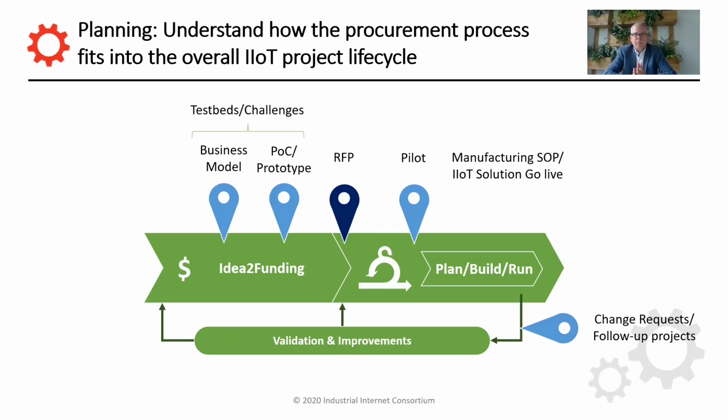From a procurement point of view, this plan is where your procurement process needs to be embedded. And as I said earlier on, you have to engage with the team that is executing the entire project to make sure that the other milestones like prototypes, pilots, etc., are staged around the actual RFP process.